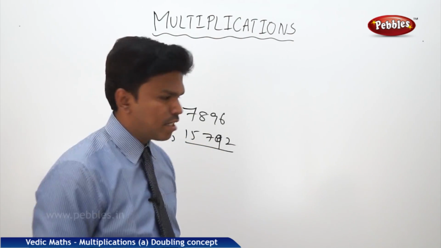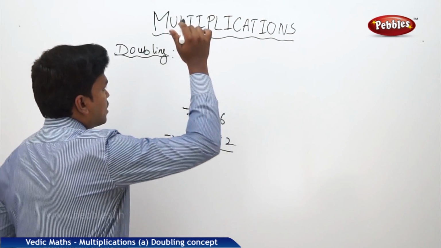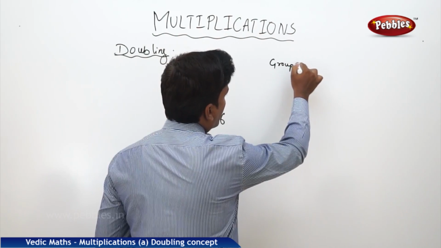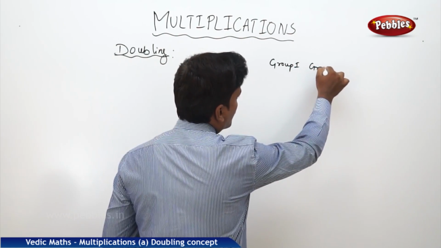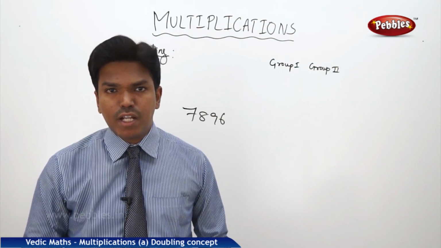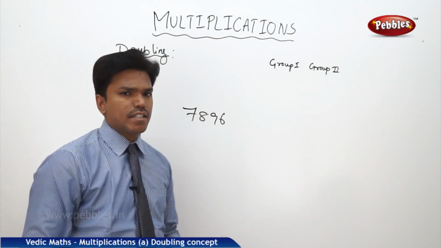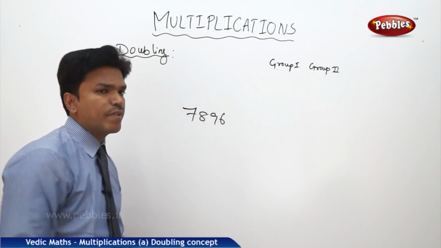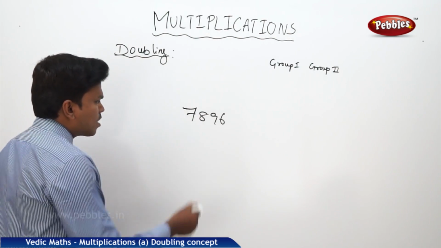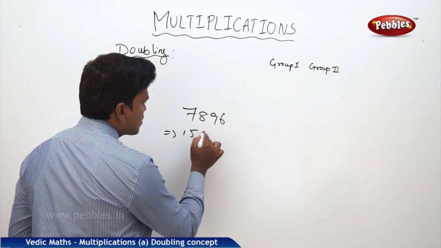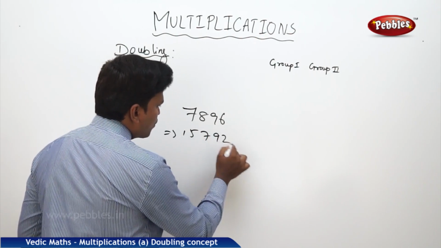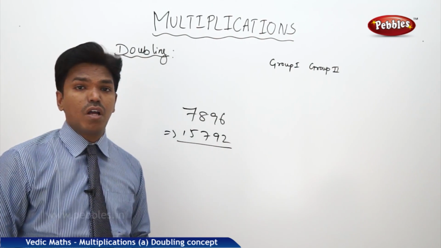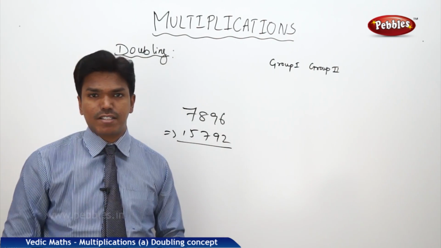How? We will see. Generally there are two groups of numbers: group 1 and group 2. If I ask you the double of a number, say 7, 8, 9, 6, you cannot say immediately. But with our doubling concept we can tell the answer very fast: 1, 5, 7, 9, 2. But how can I write this answer so fast?